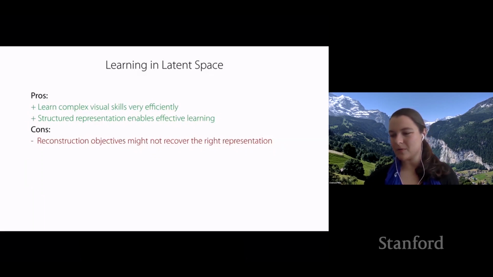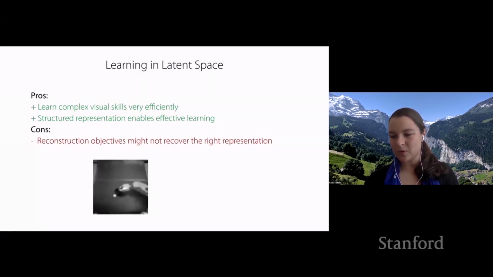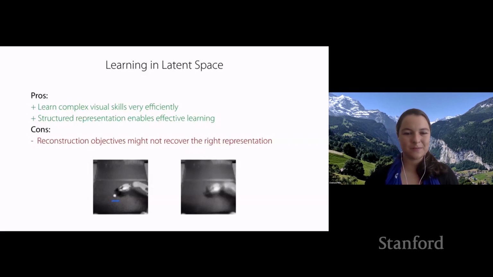But for example, in the work that I showed with the spatula, one of the tasks that I also wanted the robot to be able to do was to place a ping pong ball in the correct position. This is a low dimensional image of the robot with the ping pong ball here. If you trained an autoencoder on this data, what you got for the reconstruction looks like this.